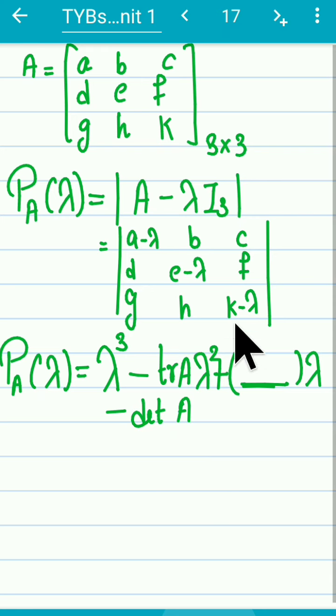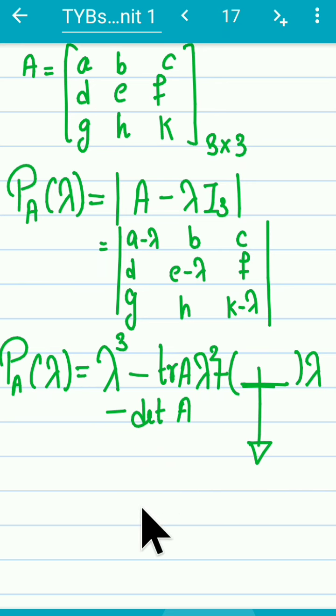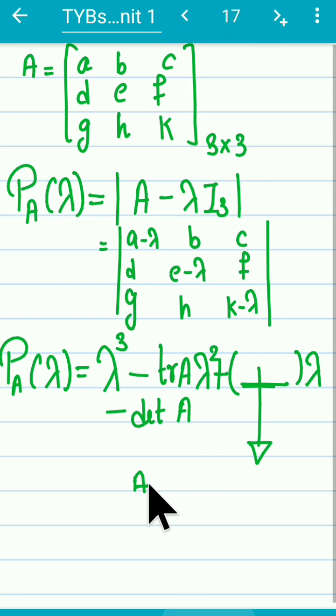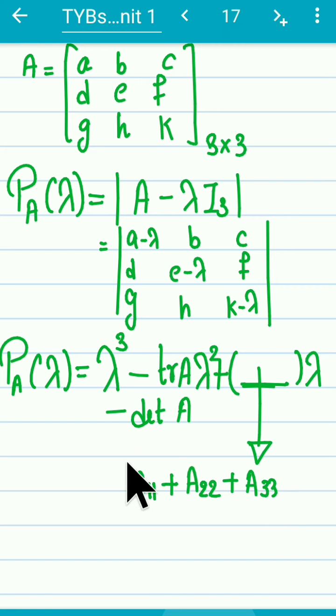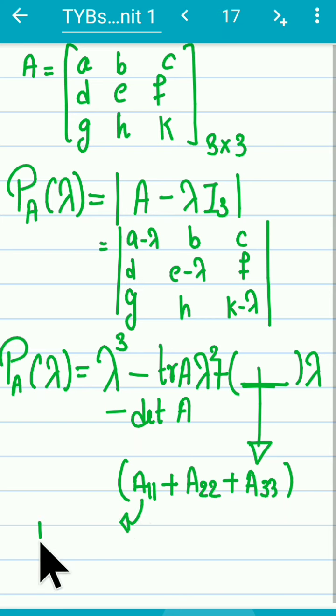Once you simplify this, you will be able to find that this comes automatically. Let's see what comes over here. You will find it is the same as A11 plus A22 plus A33 in this bracket. These are nothing but the minors, the diagonal minors.